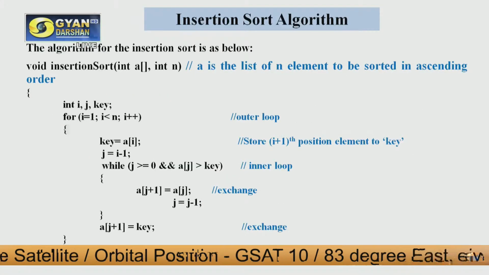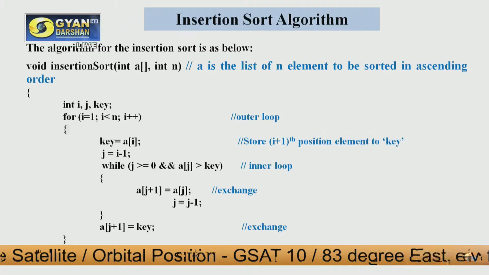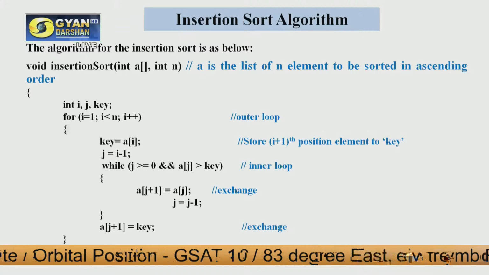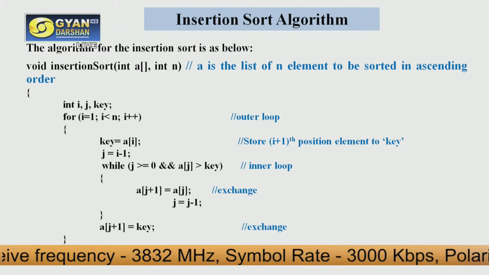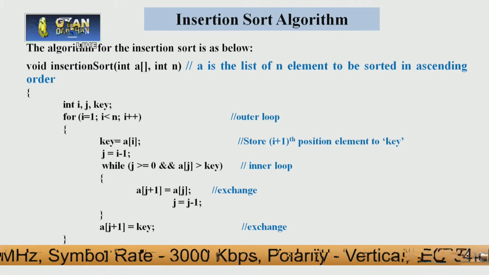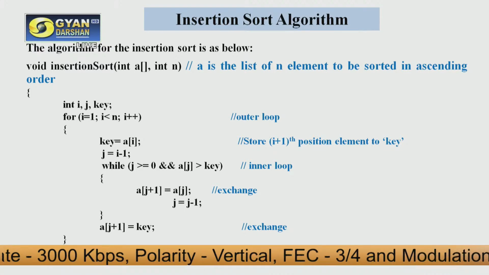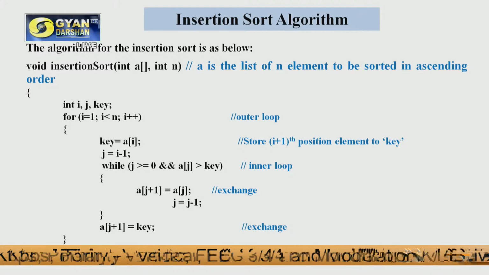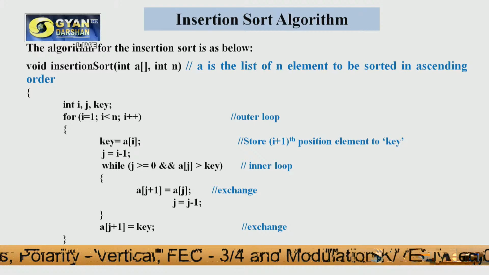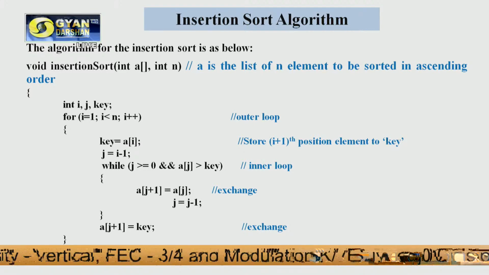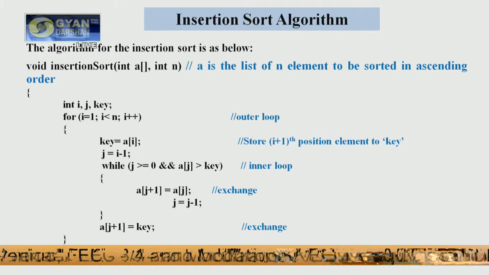Now I would like to discuss the algorithm or a function which we can write to implement the insertion sort algorithm. Here we can see that we have a function named insertion sort, and we are passing two parameters: the array, the list which we want to sort, and the number of items which are available in the list, that is int n. N is the number of items to be sorted.